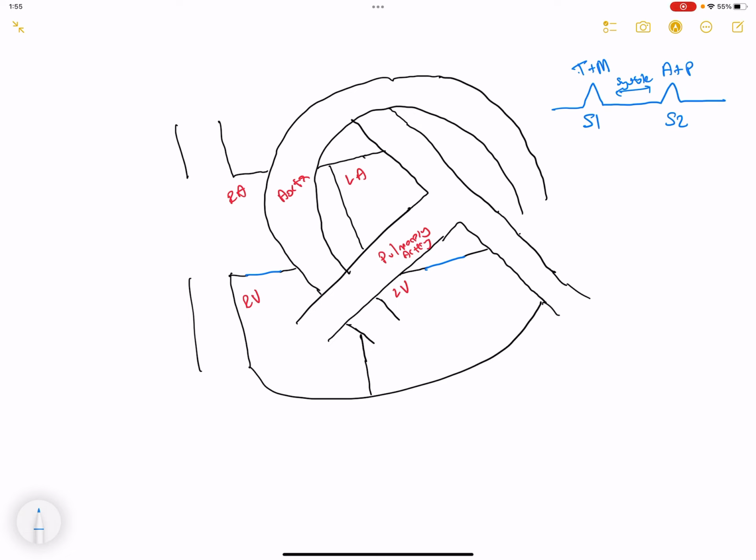But during regurgitation, what happens is there can be a backflow of blood coming from the left ventricle or the right ventricle into the atria. And we can detect that. So there's going to be these rumbling noises that occur. And this is a common finding in mitral regurgitation and tricuspid regurgitation.